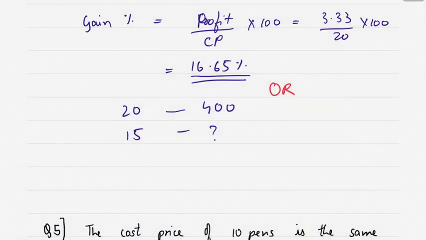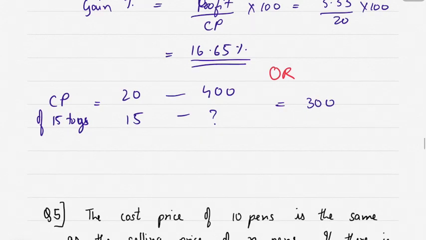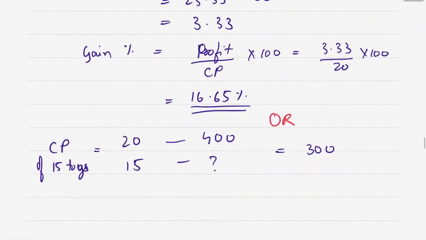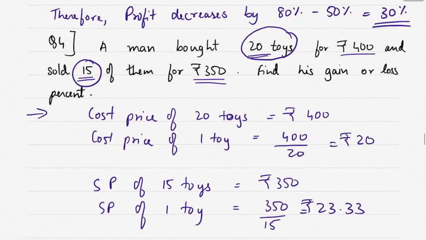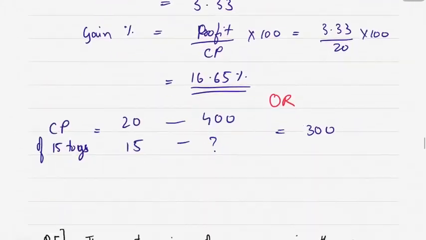Okay, so this comes to 300. This is the cost price of 15 toys, okay. Selling price of 15 toys is 350.